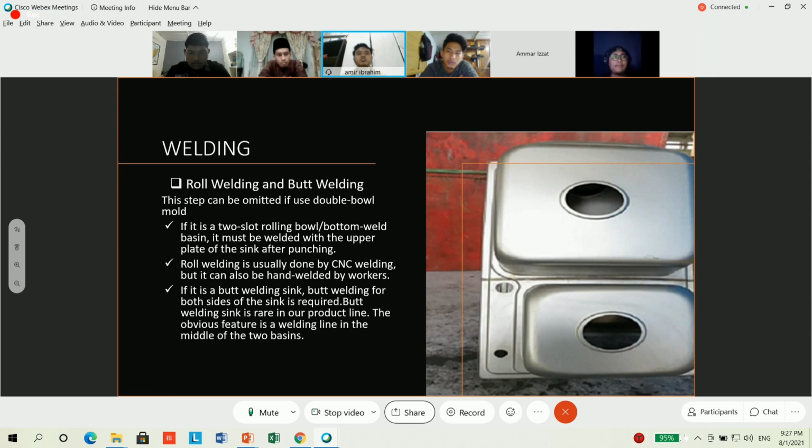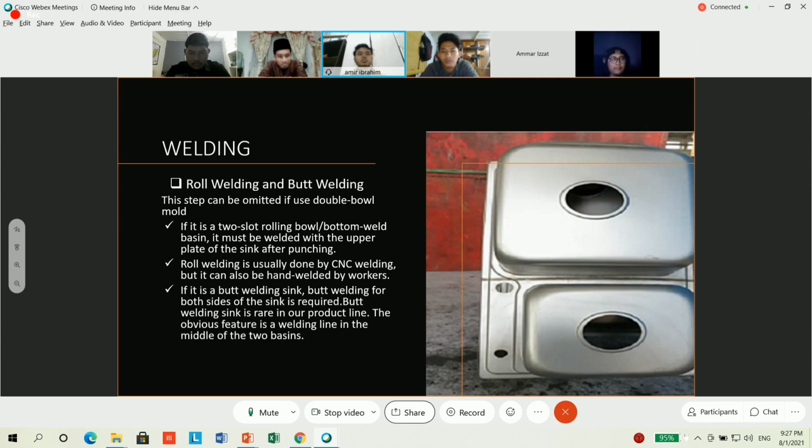Roll welding is usually done by CNC welding, but it can also be hand welded by workers. So if it is a butt welding sink, it must be welded on both sides of the sink. Butt welding sink is rare in the product line.